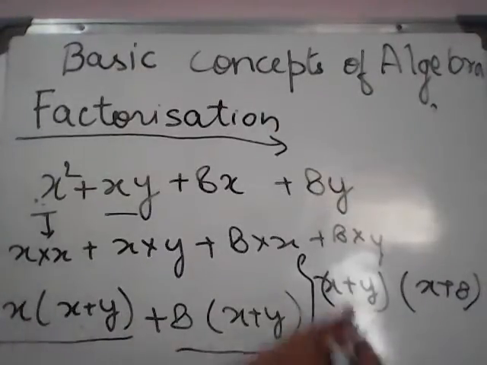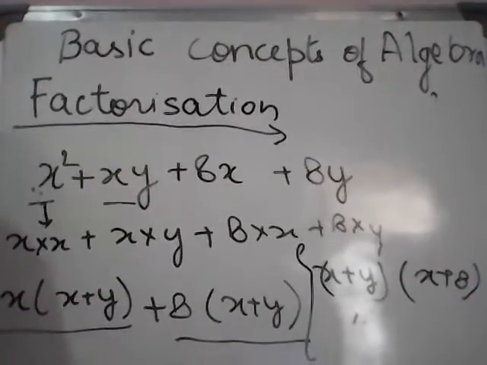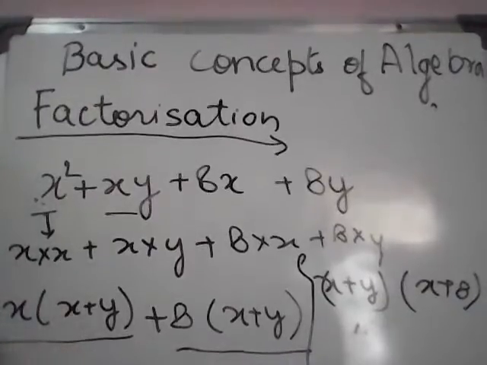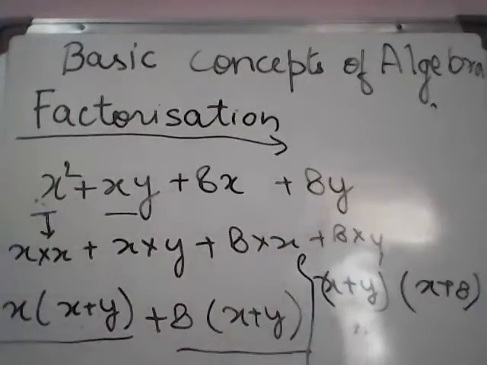The second method is when we use identities. First I'll tell you what those identities are, and then you can factorize an expression, or you can simplify these factors by using identities.